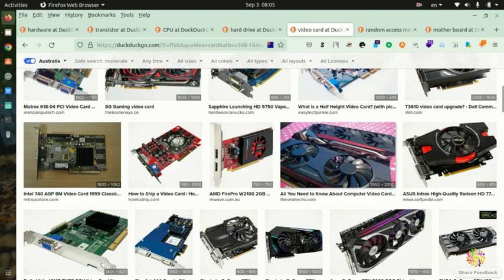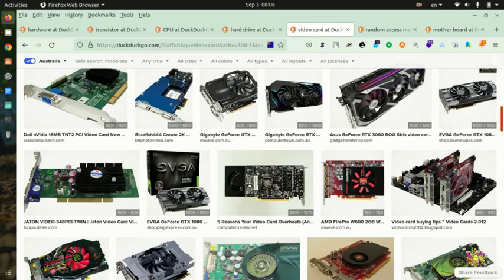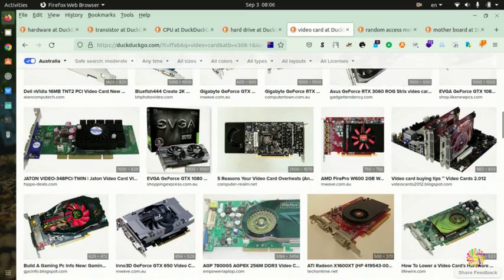If you look in here, this video card of the computer, I think this one's Nvidia. This one's very expensive. This one's for gaming, I think. When it comes to gaming, these video cards are very expensive.